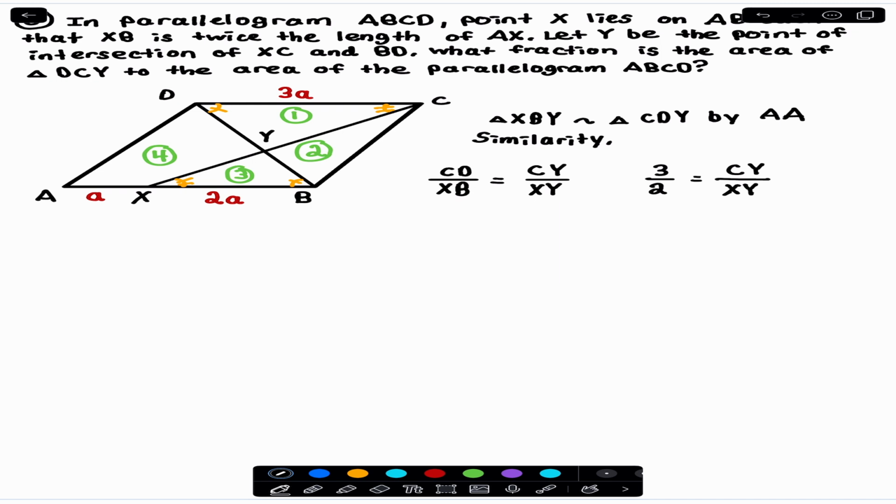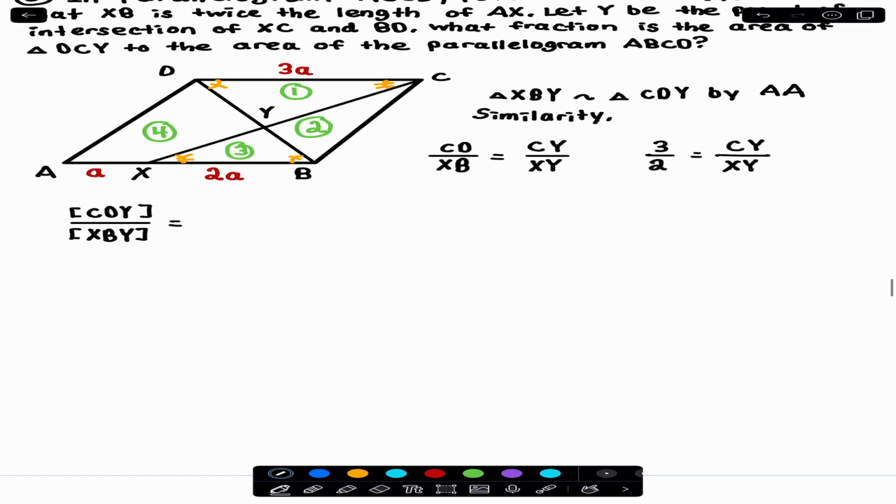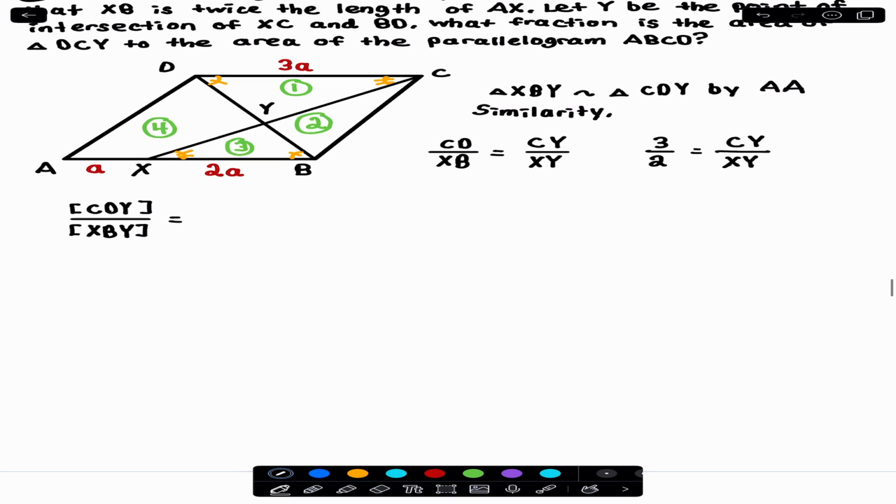We can write something involving their side lengths, but another thing about similar triangles is you can compare their areas. So again, all of this is from similar triangles, so recall this useful fact about their areas. The area of triangle CDY over the area of triangle XBY is equal to 3/2 squared.